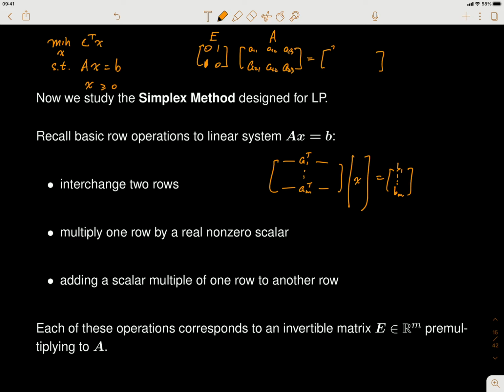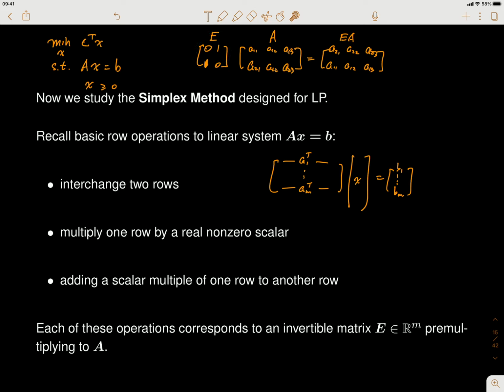So the first row becomes A21, A22, A23. Similarly, the last row becomes the inner product of the second row of E with each of these 3 columns, and that gives us A11, A12, A13. So E times A just switches the two rows if we define the matrix E this way.